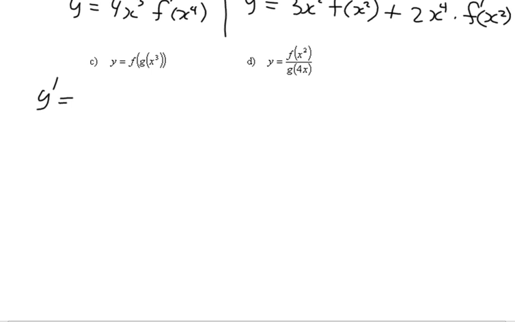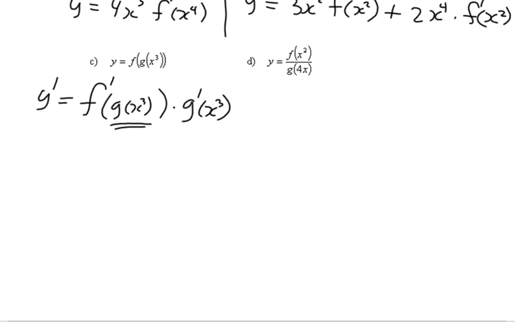It's quite simple, class. Start at the outside and work in. We always start with the outer function. So f prime of g of x cubed. But since there was a nest inside, we now must take the derivative of the inner part. So what's the derivative of g? Well, we don't know what it is, so g prime of x cubed.